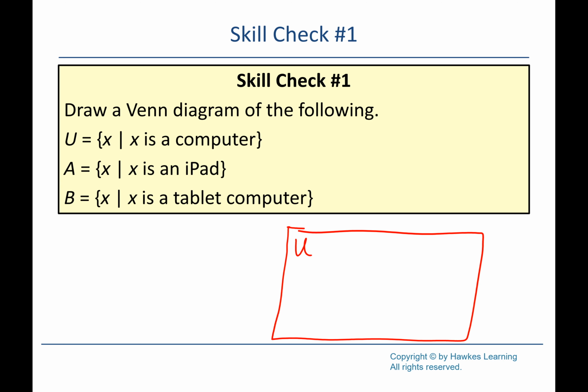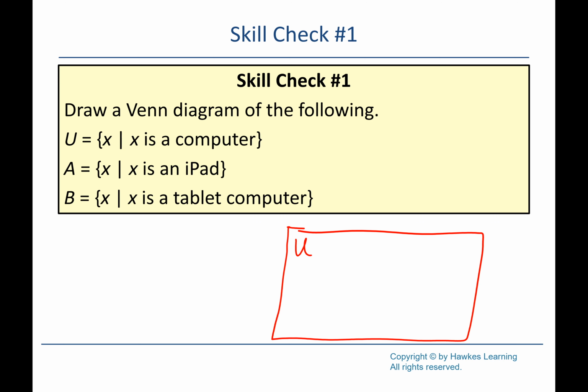So is an iPad, is that a tablet computer? It is. It's a little tablet thing without a keyboard. So iPads are tablet computers. But can you think of tablet computers that are not iPads? Yeah, like you got the Android versions, and Windows have got some that do their own thing too. That are little tablets.